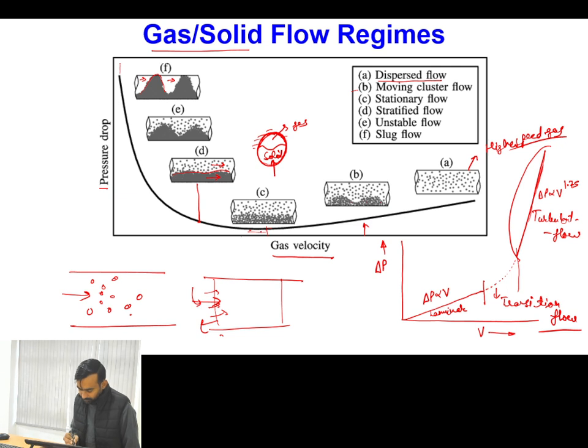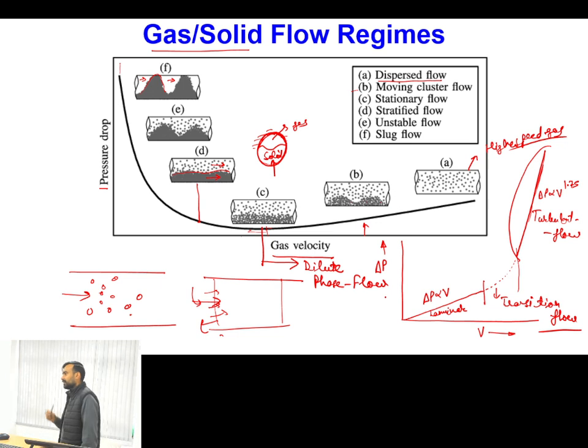Now typically, this is the point where settling is actually starting at a significant level. So above this point, when your gaseous flow rate is significantly high in comparison to the liquid flow rate and the solid flow rate, and the solids are present in a small fraction, this type of flow is called dilute phase flow.